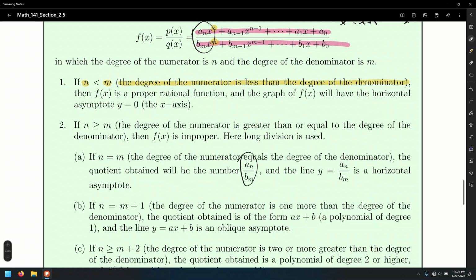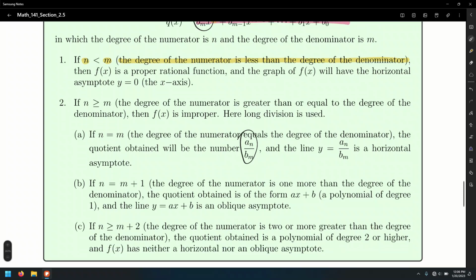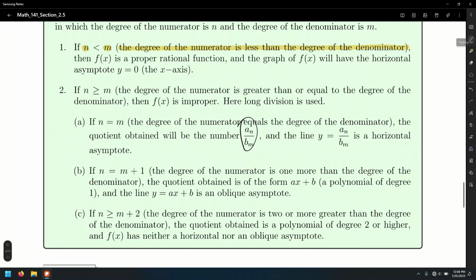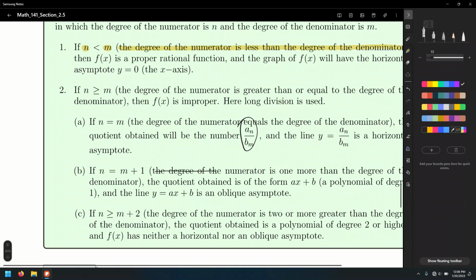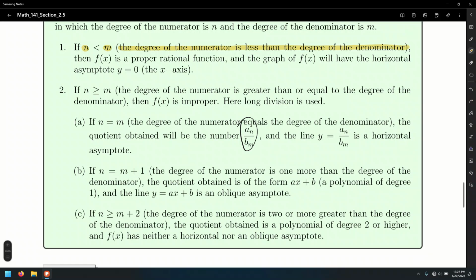Really easy to do. And letter B, when the degree of the numerator is one more than the degree in the denominator, then we're going to have a slant asymptote.